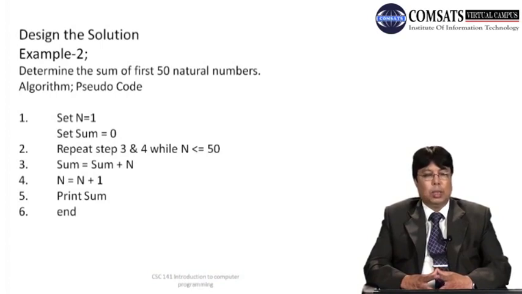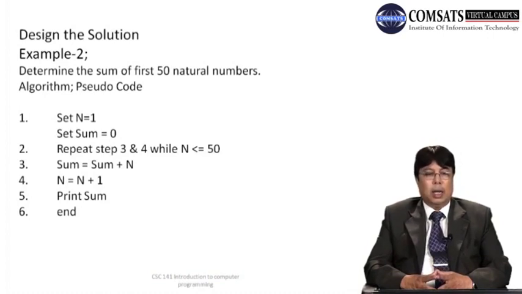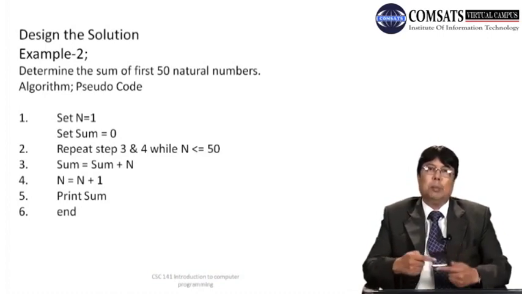Step number 2, repeat step 3 and 4 while n is less than or equal to 50. Here we have defined के next 2 steps, which is step number 3 and step number 4, we need to repeat these 2 steps again and again.